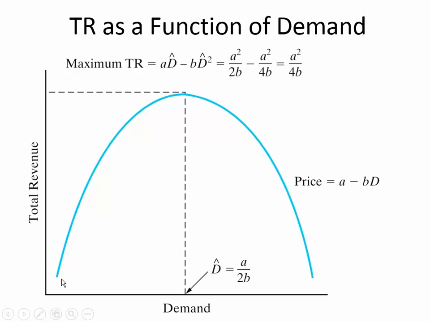So why is our revenue low on the left side of the graph? No one is buying because the price is too high, so you don't have very much revenue over here. Why is the revenue low on the right side?